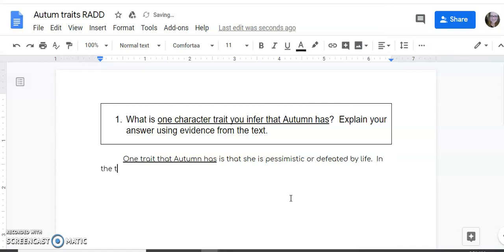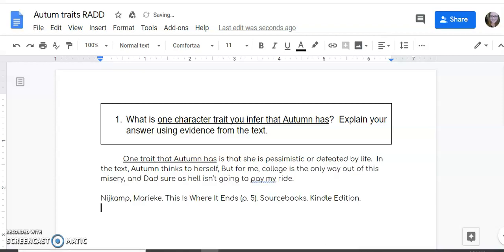In the text, Autumn thinks to herself, all right, so I just copied it. I'm going to put quotation marks around it.